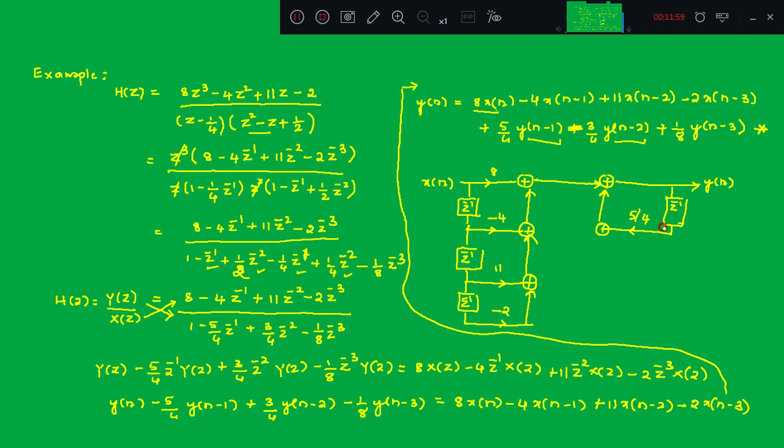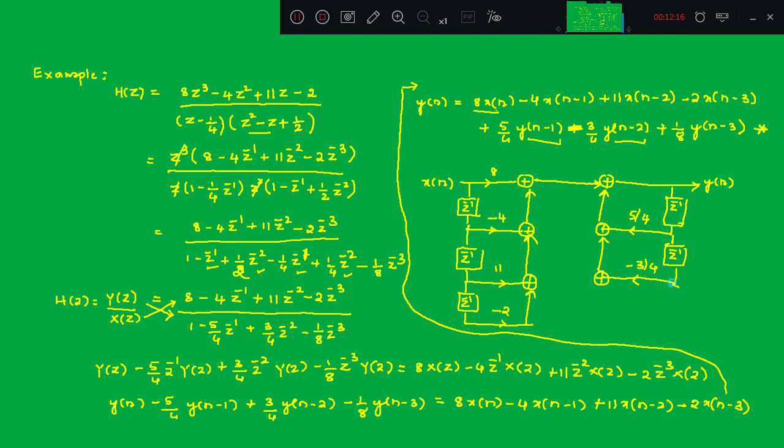Next, y of n minus 2, we have to take one more delay element, and it is scaled by minus 3 by 4.